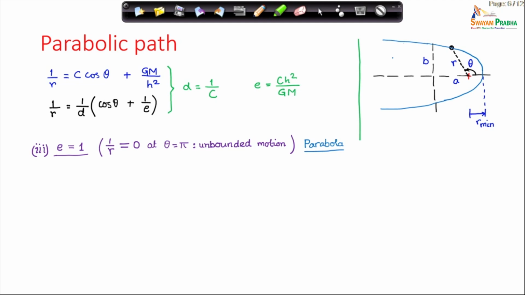There is a position where it can go unbounded. That means it will essentially escape from the central force field. So, this is a parabolic orbit and it will become unbounded at theta equal to pi. Why? Because at theta equal to pi, cos theta is minus 1 and e is 1, therefore 1 by r will become 0. So, r will go to infinity.